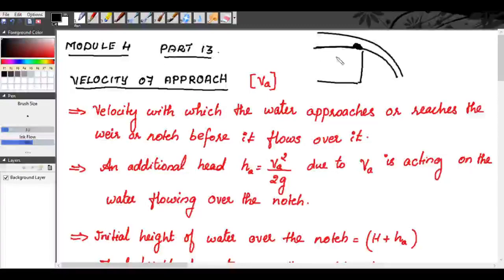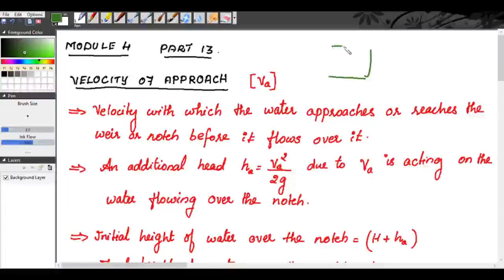So let us see what velocity of approach is. Velocity is represented by V, and A means approach, so velocity of approach is symbolized as VA. Velocity of approach is defined as the velocity with which the water approaches or reaches the weir or notch before it flows over it.